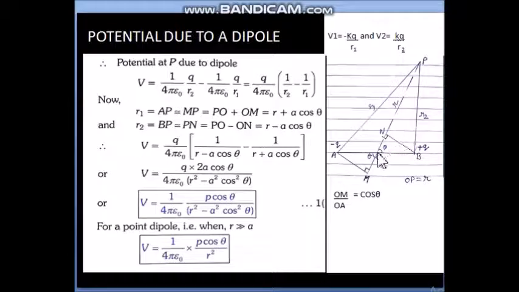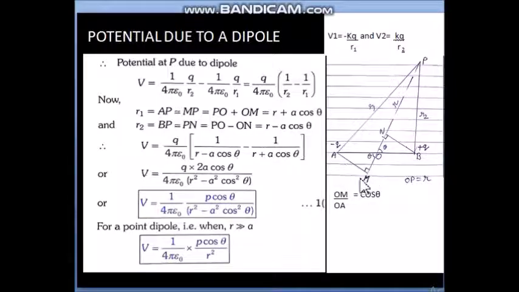So first of all we will find this r1. For the r1 distance, we extend this OP line, and from point A we draw a normal to this line.